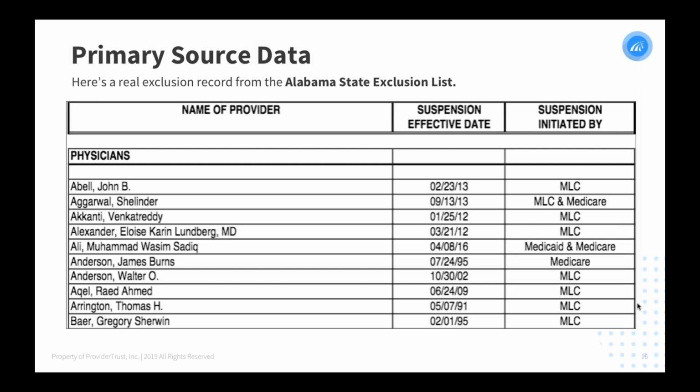If you're scrolling through this list and you have a Dr. John Smith, all they give you is a first name, a last name, sometimes a middle initial, and an exclusion date. And that's what they give you to work off of. So this again drives home the point that without unique identifiers tied to these exclusion records, it's next to impossible to actually identify and find those individuals within your network.